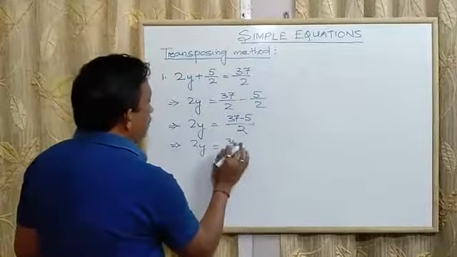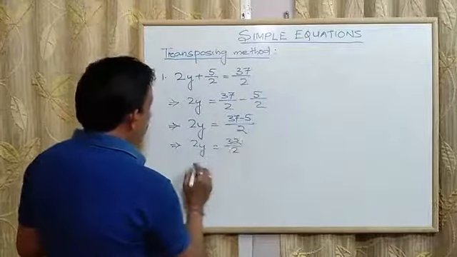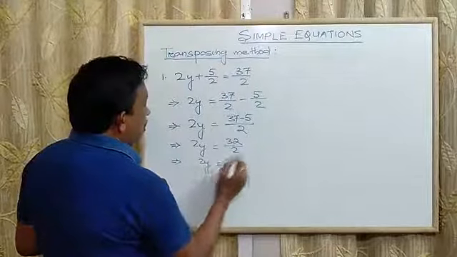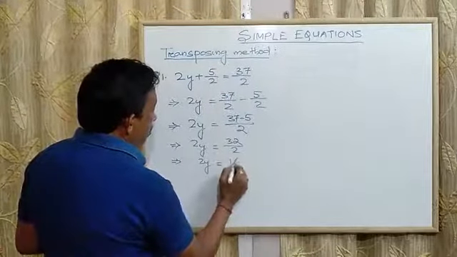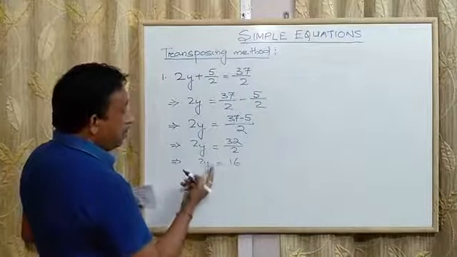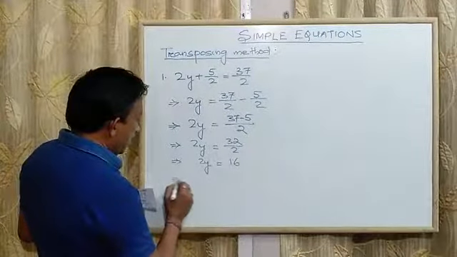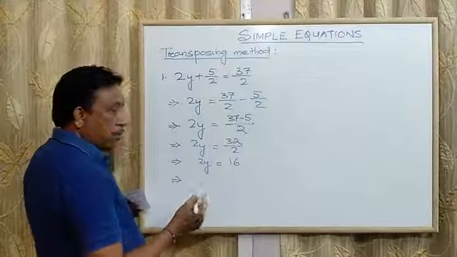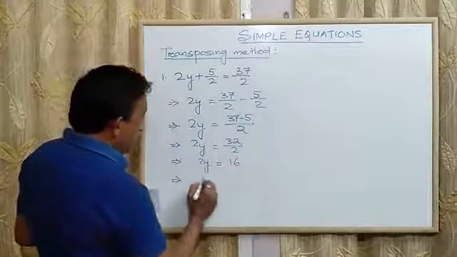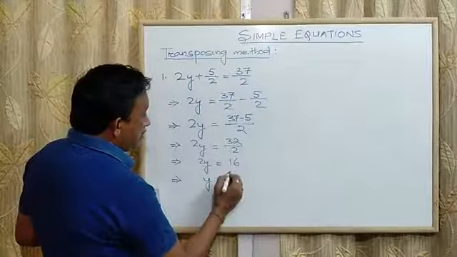Sorry, it is 32/2. So 2y is equal to 16. Now here, 2 is with y. If I can remove this 2, then I can say y equals whatever it comes to.